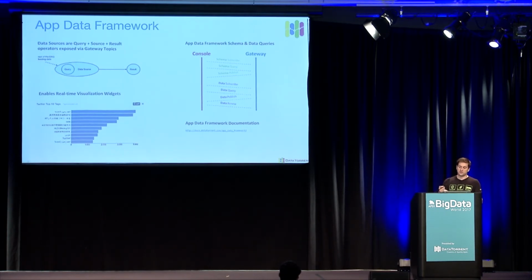But the widgets themselves keep renewing; they keep saying, okay, I want to see more data after a certain amount of time. That way, if you close your browser or the connection breaks, you're not continually putting load on the result operators and the query operators. The visualizations are only active when you actually need them.